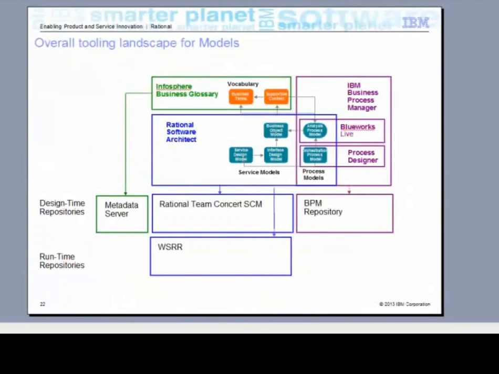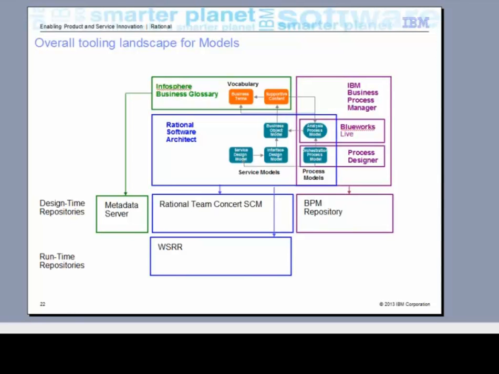When we look at the models, and need to use them for something other than just looking at them, but actually using them to develop business processes, services, and data, and to deploy those to runtime environments, you're going to need to modify those models.